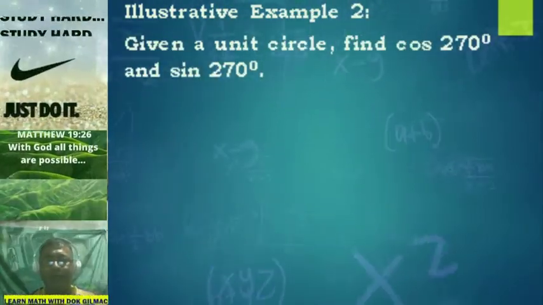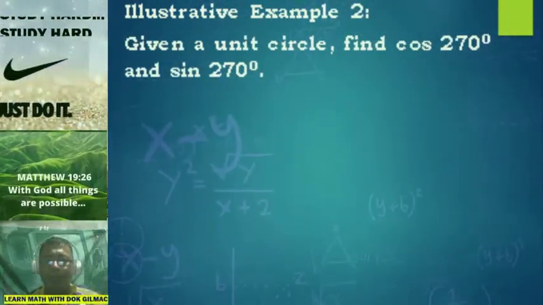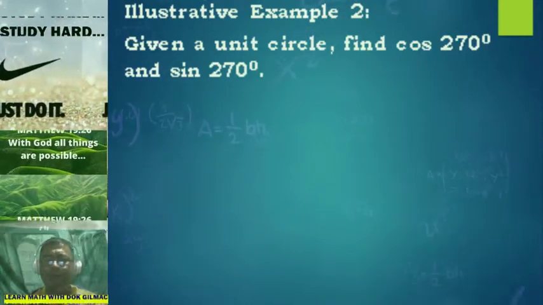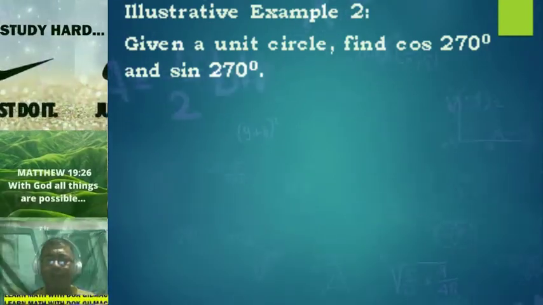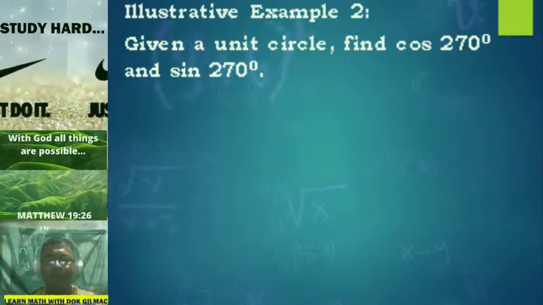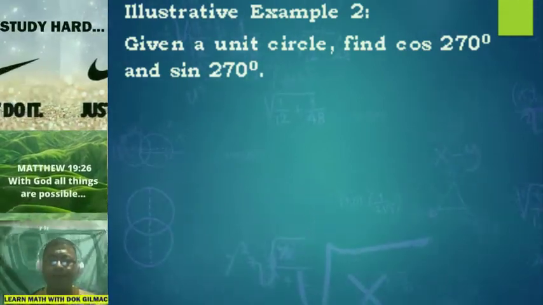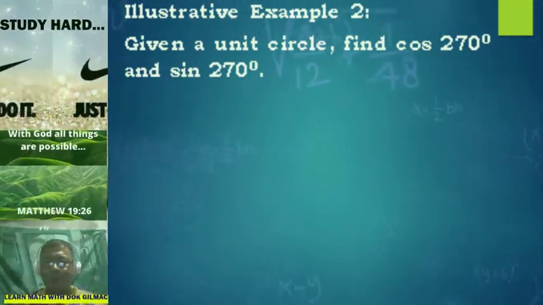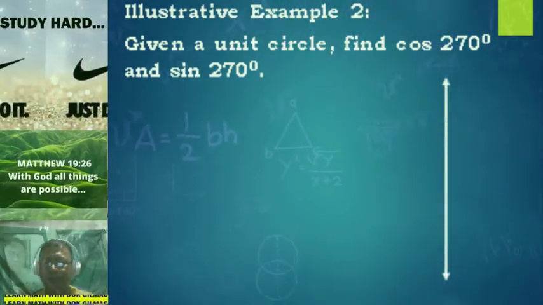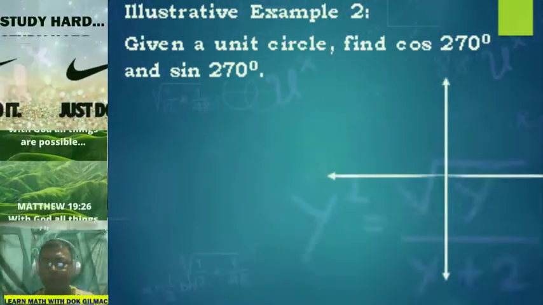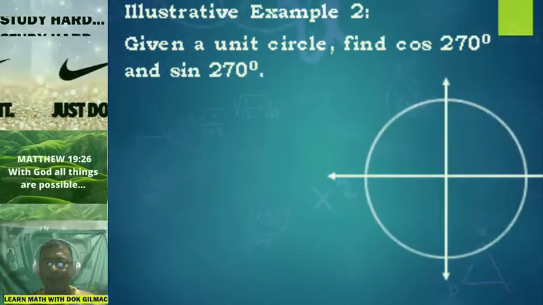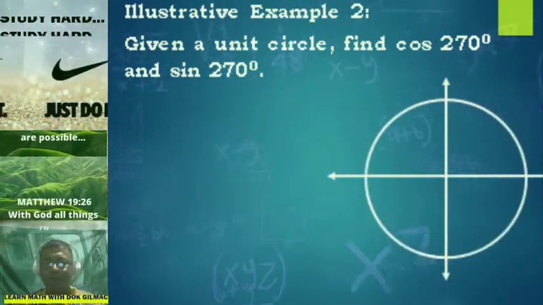Consider illustrative example number 2. Given a unit circle, find cosine 270 degrees and sine 270 degrees. Consider the given figure here, class. So we have the x and y axis and a unit circle.